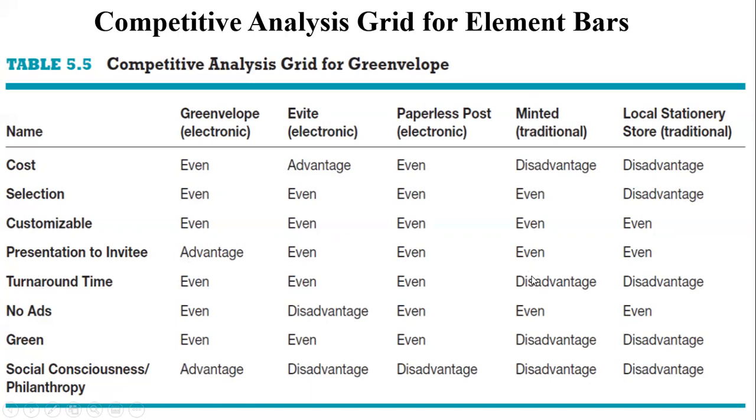So the traditional one might mean that the person is presently at the shop of Minted or the local stationery, and immediately they pay for the envelope, it gets delivered to them. So, that is an area they will need to work on in terms of their turnaround time. The same can be said about their social consciousness. They have an advantage, whereas these people have a disadvantage, and so on and so forth.